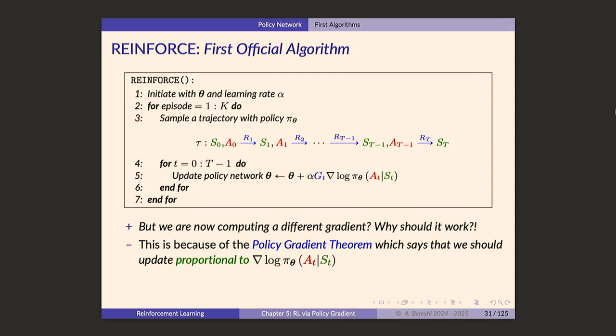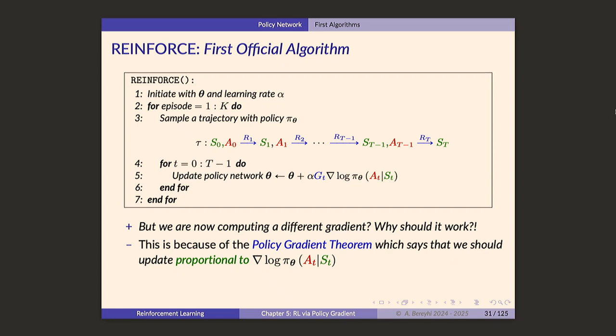You might ask why this is happening. The key point here is what we call the policy gradient theorem. It says that the G you see there, even if you replace it with a lot of other things, is not going to impact things too much. What is very important is that you have the gradient of the logarithm of your policy, or the gradient of the log likelihood.